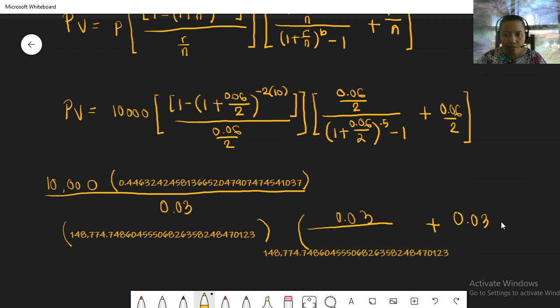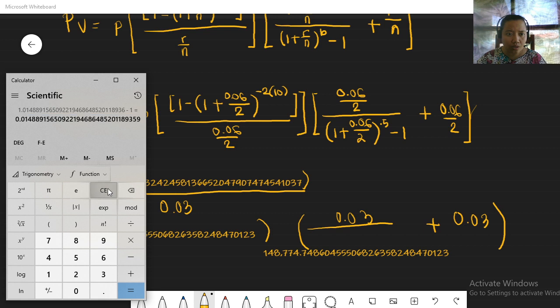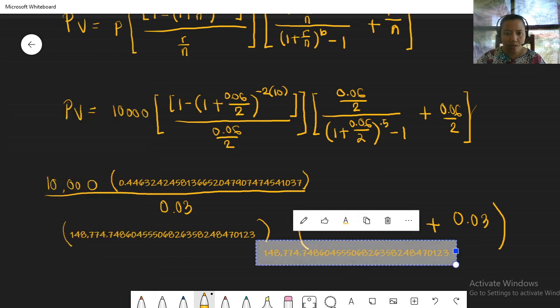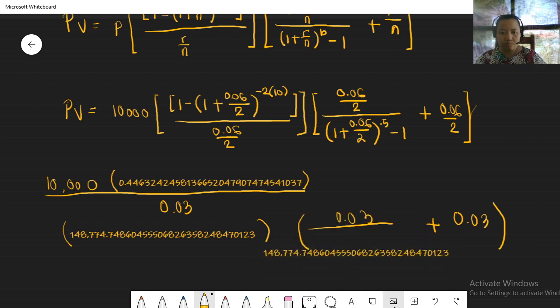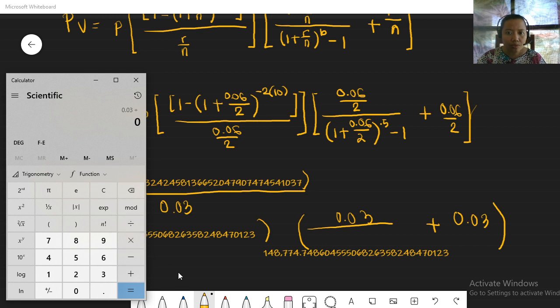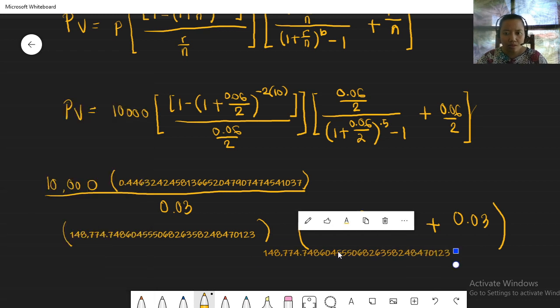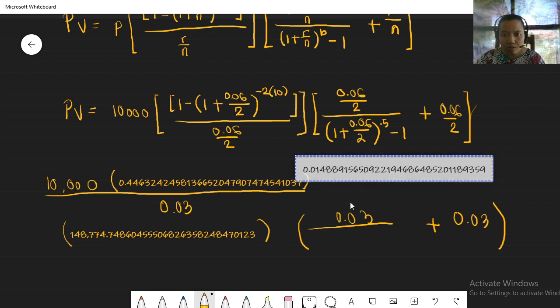We will solve first 0.03 using our calculator. 0.03 divided by this one, copy. 1.03 raised to the power of 0.5, minus 1. Select all, copy. This is the result.